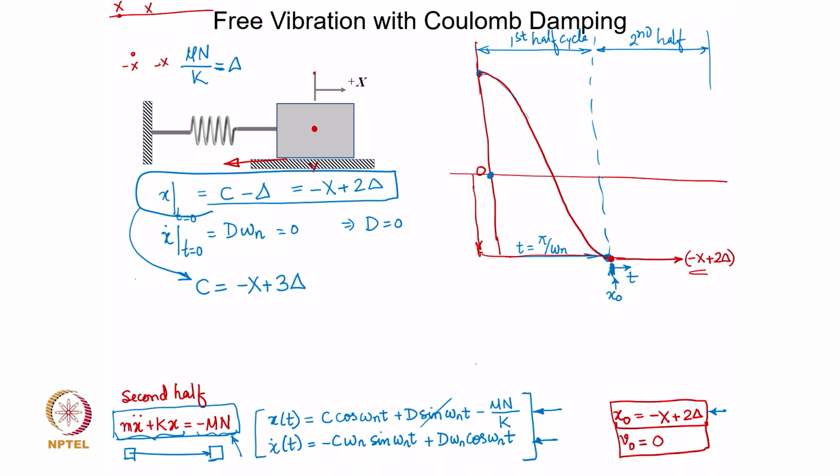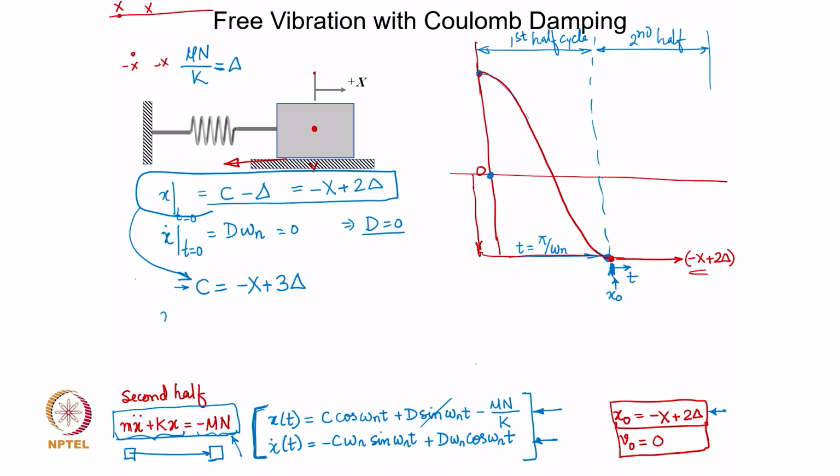Okay. Now, I have d equal to 0 obtained from substitution of initial conditions, and I have an expression for C obtained likewise, and therefore, these two equations which define the second half cycle can be completely written, everything known in that case.